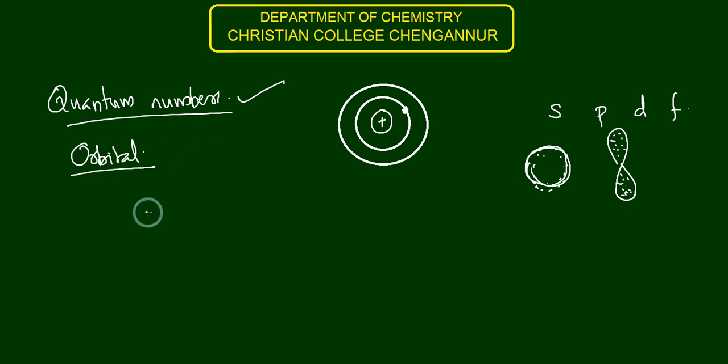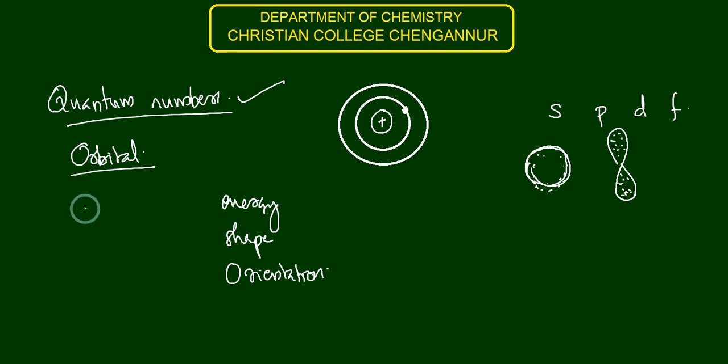There are different quantum numbers: some may represent the energy, some represent the shape of the orbital, and some determine the orientation of the orbitals.